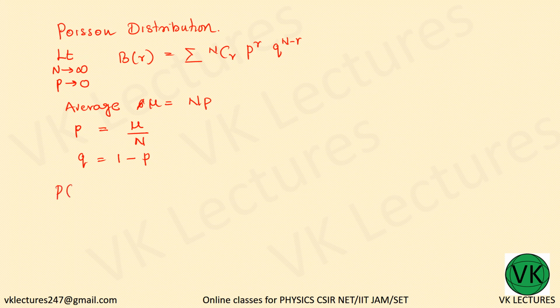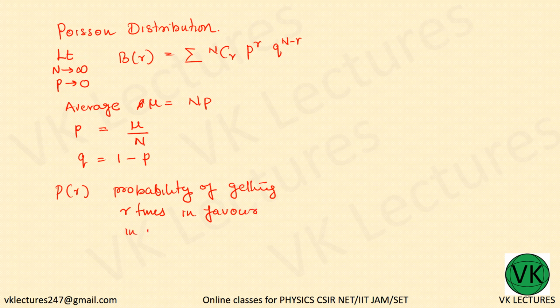On substituting all these values, we get p of r. P of r represents the probability of getting r successes in infinite trials. Infinite means very large, so that is the meaning.